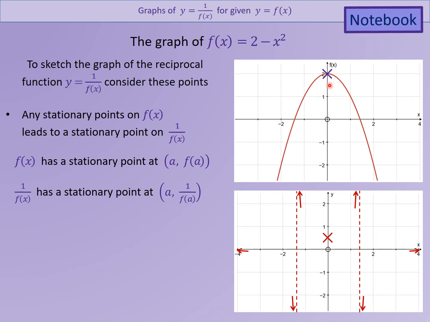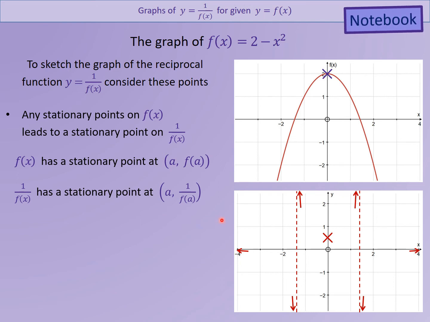So when we look at the reciprocal graph, the 1 over graph, we notice that it goes to still 0, but goes to a half.